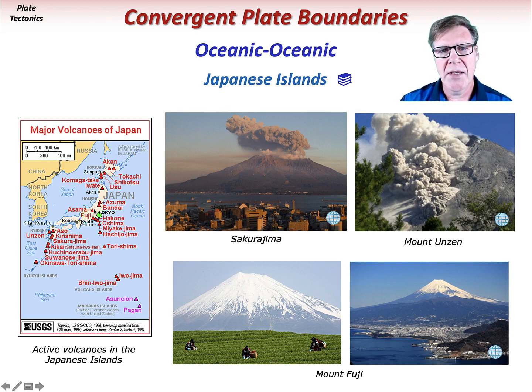Fuji is the classic Japanese volcano, the classic stratovolcano. Beautiful, snow-capped. This is the highest point in Japan at 12,388 feet and is considered one of the 3 holy mountains in Japan. So let's visit Fujiyama.